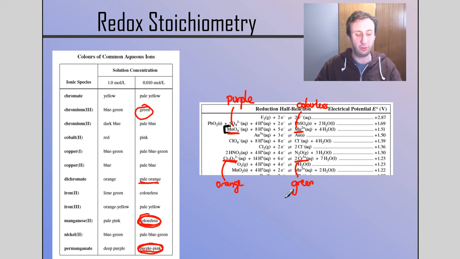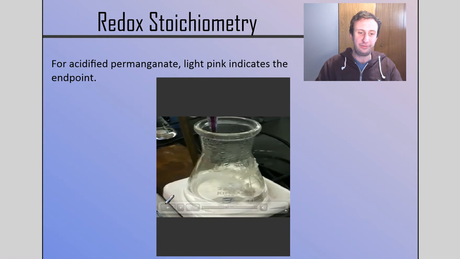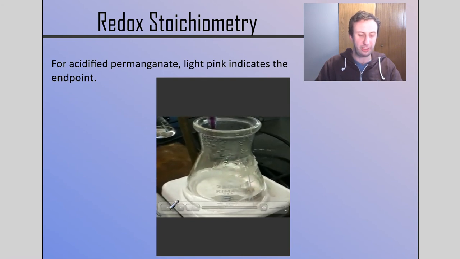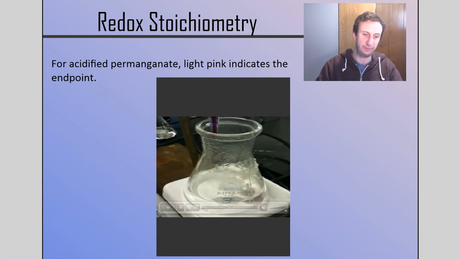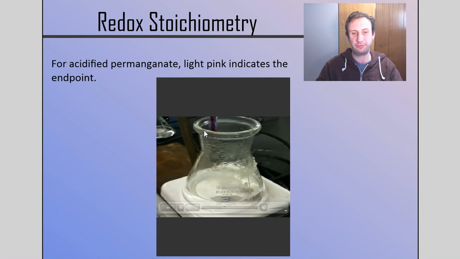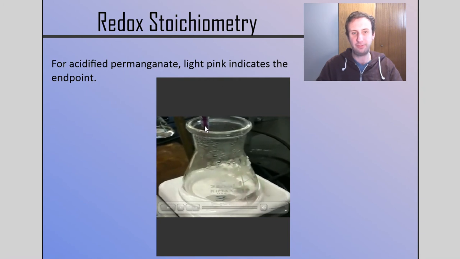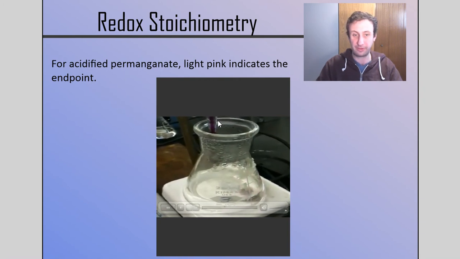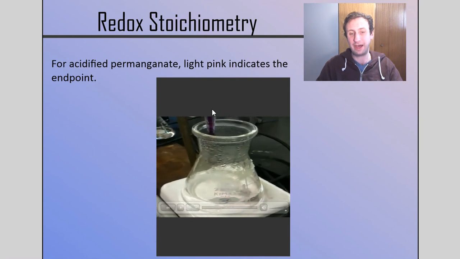Okay, so here is a quick video showing a titration taking place. In the burette, the purple that you're seeing at the top is the permanganate ion in solution, and that's why it's the purple color.